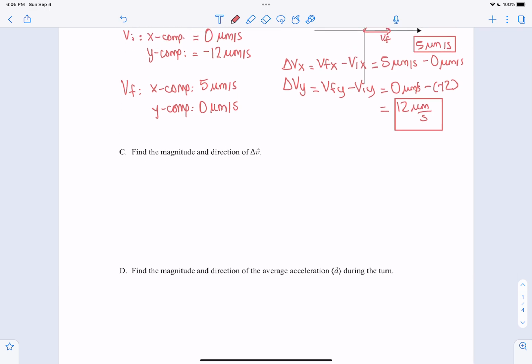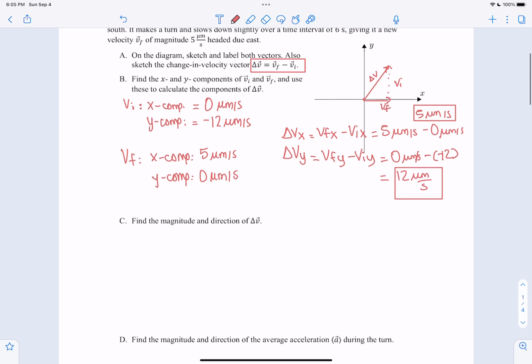So we need to find the magnitude and direction of delta V. To find the magnitude of delta V, we have delta V here. This is a triangle, right? How can we figure out the value of delta V?